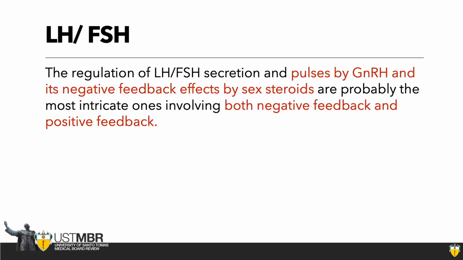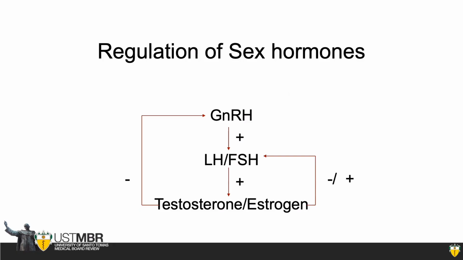However, the negative feedback from LH-FSH is unique. It's not a pure stimulatory. You know very well that it's estrogen that causes the LH surge. So in some ways, this negative feedback is not pure negative feedback. There's some positive feedback.